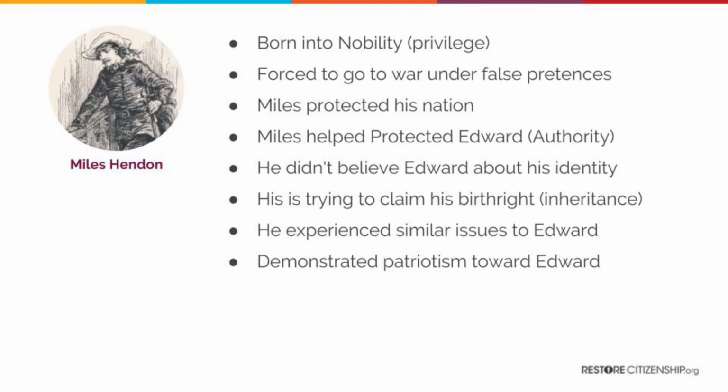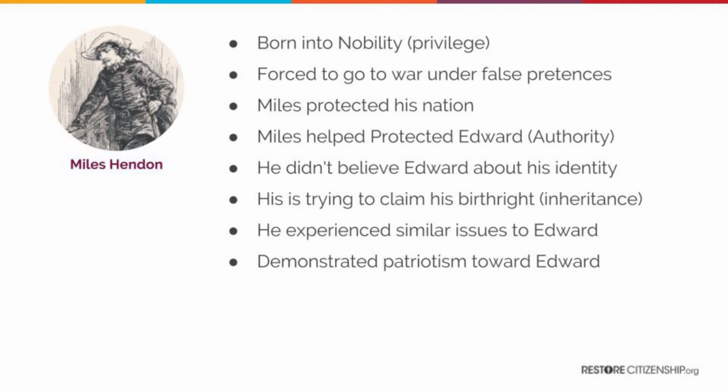But one thing about Mills is that he didn't believe Edward's identity. He didn't believe that Edward was the prince, which was strange because he still demonstrated patriotism to a pauper in his mind rather than a prince.